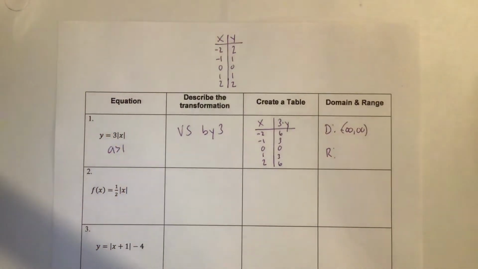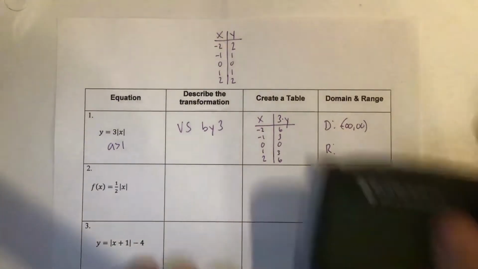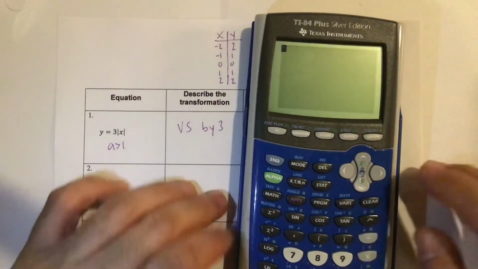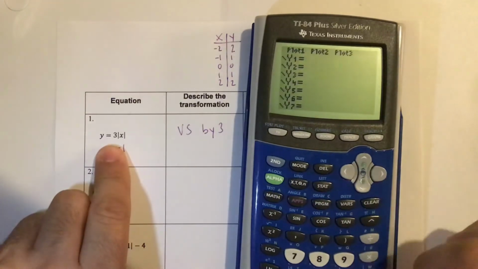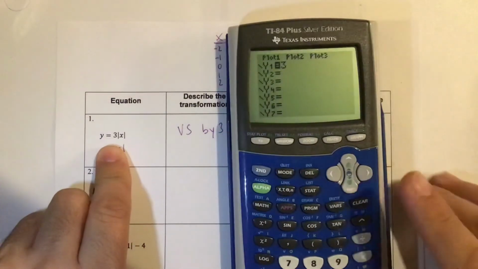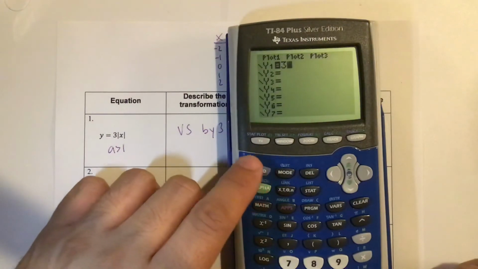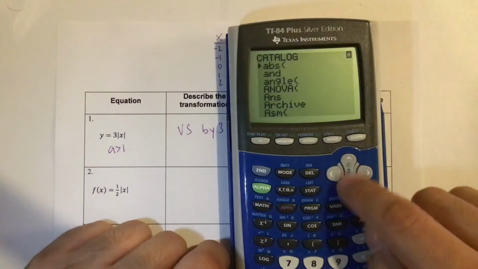And a way to double check this in the calculator is to do this. You can just type this function into your graph. If you're not familiar with how to use this calculator, you turn it on, you go to y equals, and it says 3. And if you're going to do the absolute value, usually I just go second catalog.